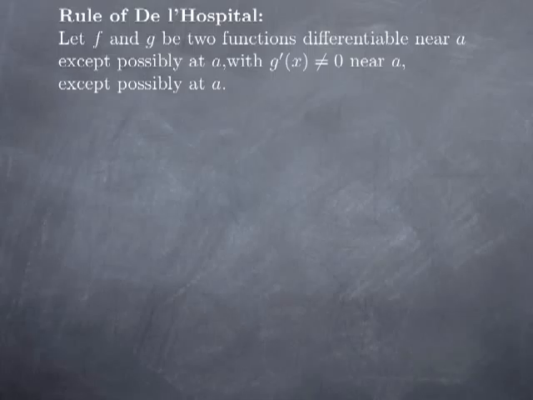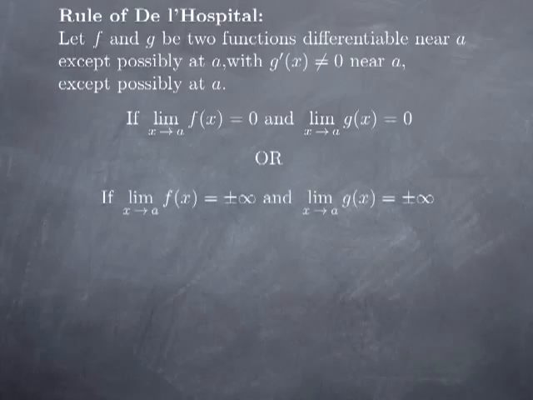We want g prime of x to be non-zero near a, except possibly at a, and we're going to assume that we have an undetermined form of the type 0 over 0. In other words, the limit of f at a and the limit of g at a are both 0, or we have an undetermined form of the type infinity over infinity, so both limits at a are infinite.